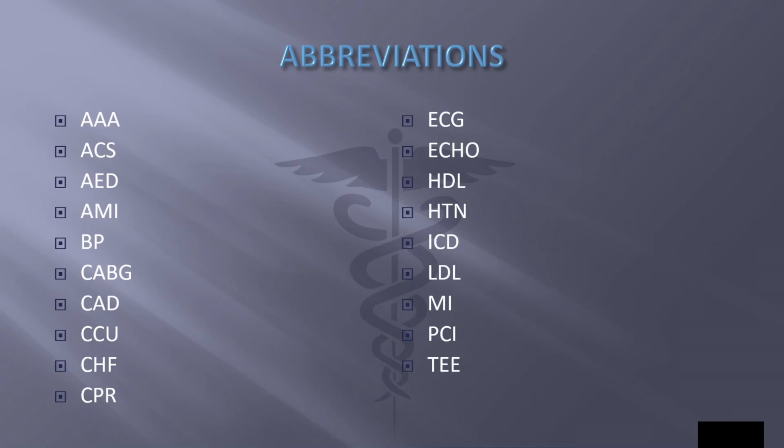CABG, coronary artery bypass grafting, surgical placement of vessels, either vein or artery, to detour blocked coronary arteries. CAD is coronary artery disease. CCU is the coronary care unit.